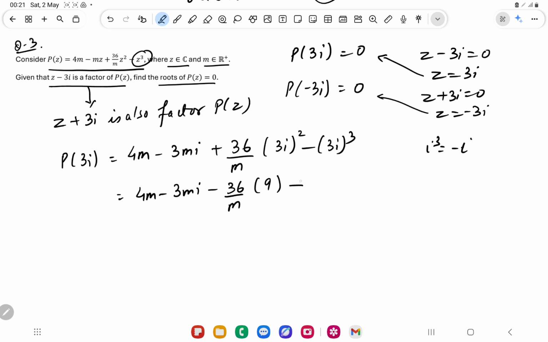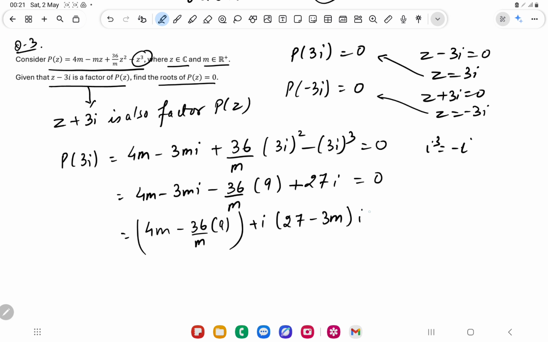So this I can write as 27i, and this entire expression is equal to 0. Now if I separate real and imaginary parts, I will get this as my real part, plus I can take i common: (27 minus 3m)i is equal to 0. Now I can equate both of them with 0 because it is 0 plus 0i.